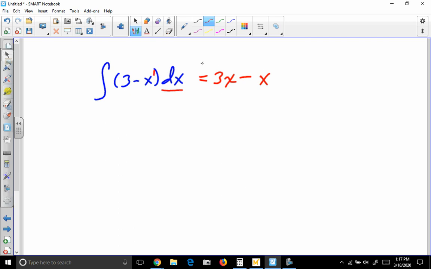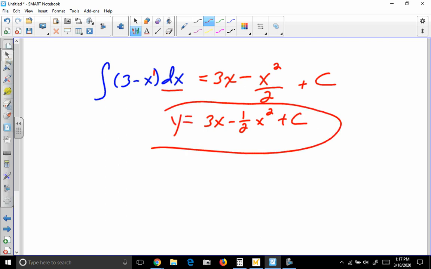So 1 more than 1 is 2 over that exponent plus c. So you can write it this way, or you can write it 3x. We can bring the 2 out front and call that 1/2 x squared plus c. So that's the equation that has a derivative of 3 minus x. And of course, that would be easy to check to see, is the derivative of this really 3 minus x?